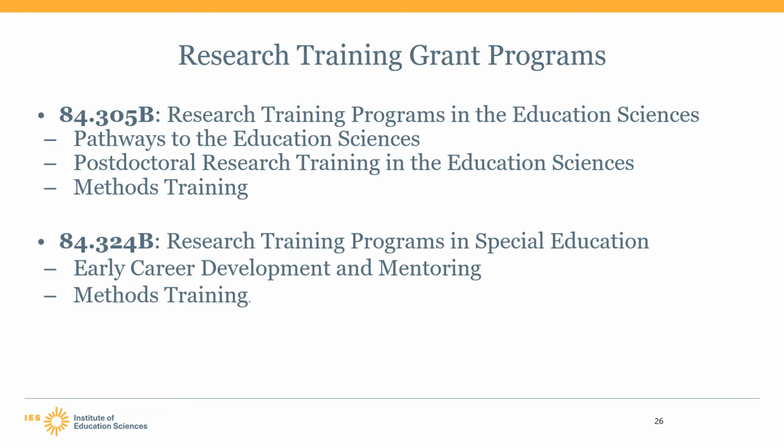Methods training is a program intended to support the training of current education researchers to maintain and enhance their research and data analysis skills in order to conduct rigorous and relevant research focused on learners with or at risk for disabilities.